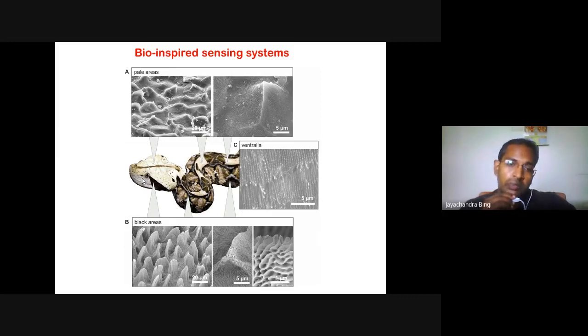You may call them individual sensors, or you may call them micro sensors or nano sensors. It doesn't matter, but they are all working together in an integrated fashion. So point number one is, in this particular snake, the sensing system is not localized.